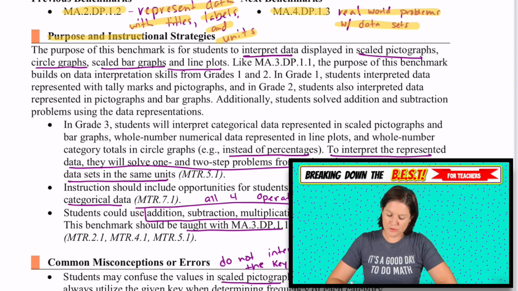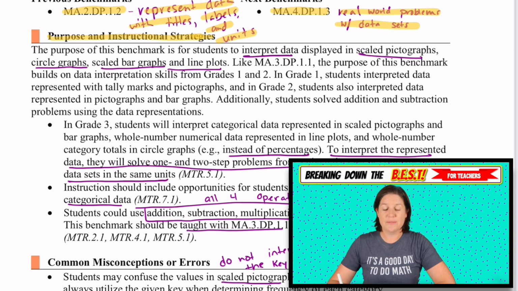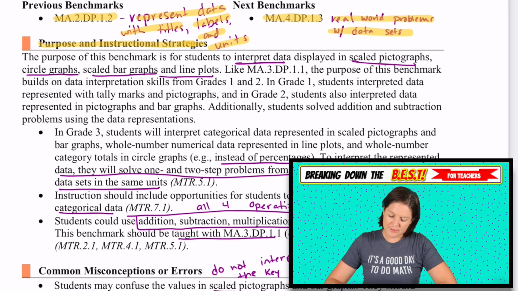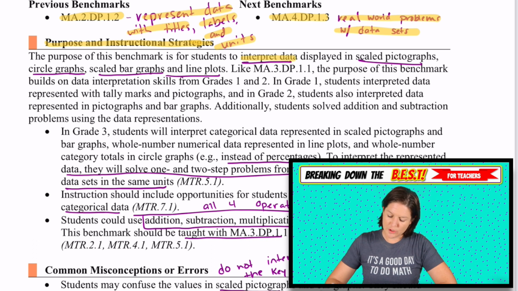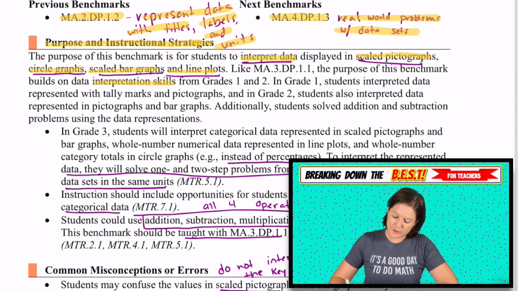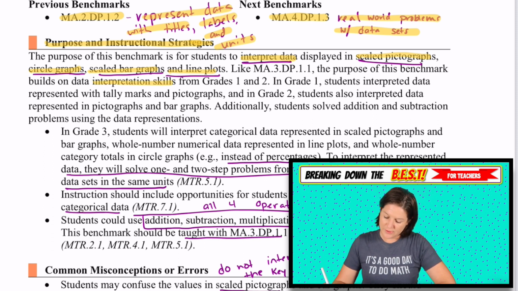Okay, for the purpose and instructional strategies section, let's see what jumped out at me. It says the purpose of this benchmark is for students to interpret data displayed in scaled pictographs, circle graphs, scaled bar graphs, and line plots. We need to make sure that we're including those interpretation skills from 1st and 2nd grade.